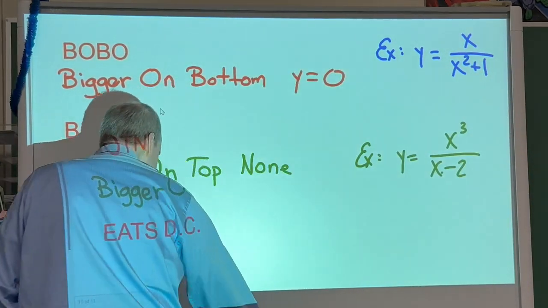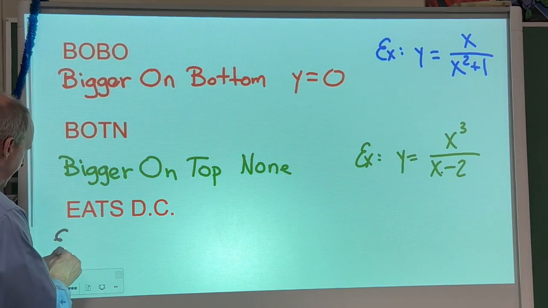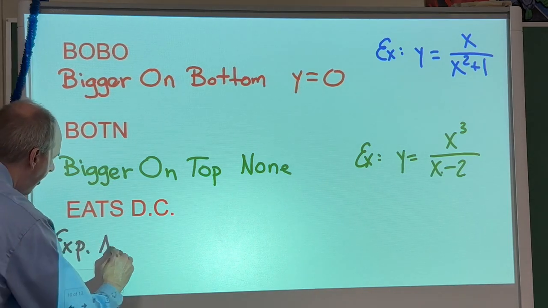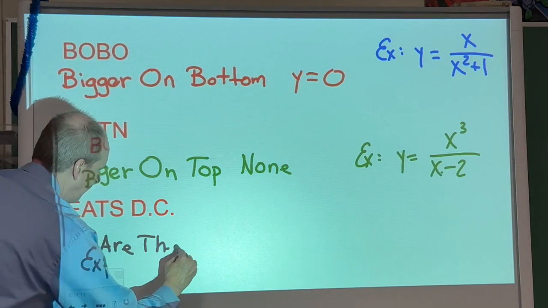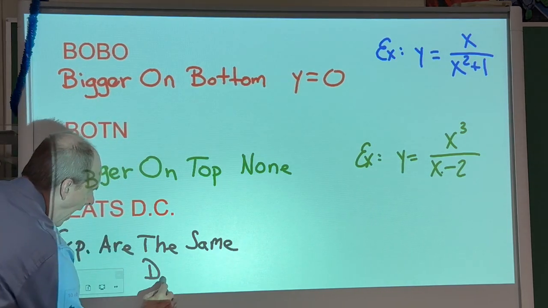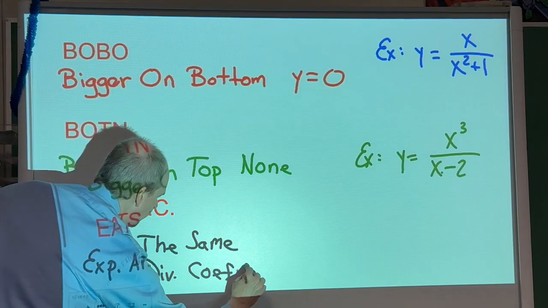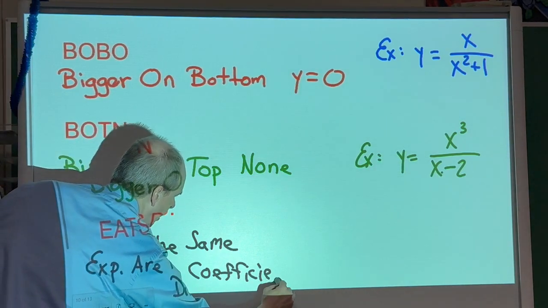So if our exponent isn't bigger on the top or bigger on the bottom, what must happen? Then the exponents are the same. And the way we find it is we divide our coefficients. Coefficients are the numbers in front.